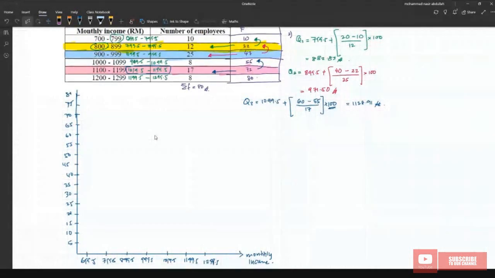So this is the number of employees. This is a capital F.